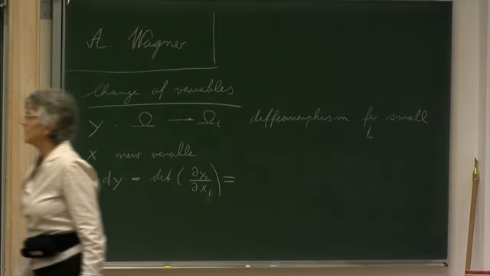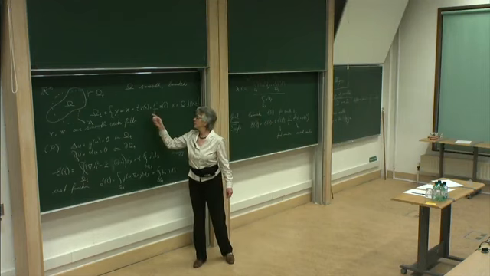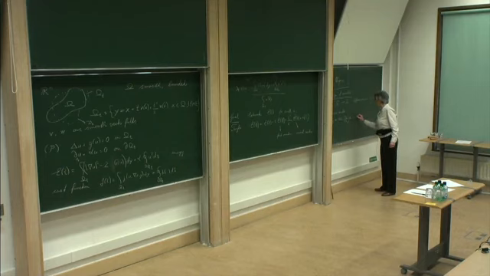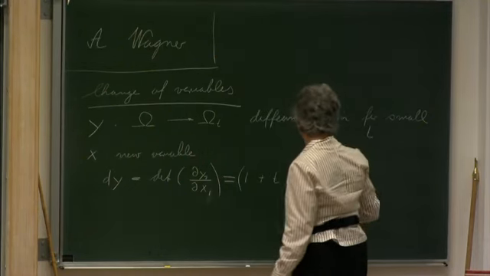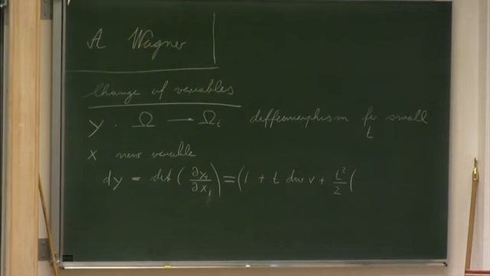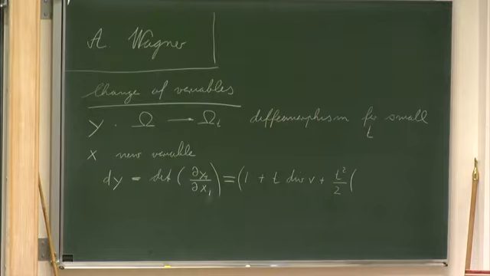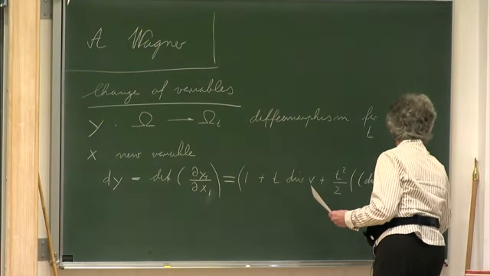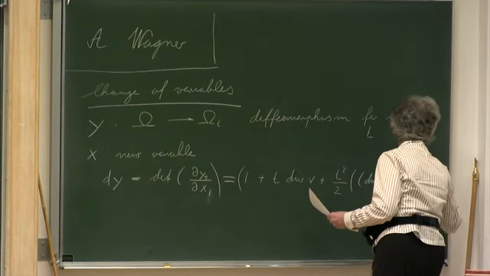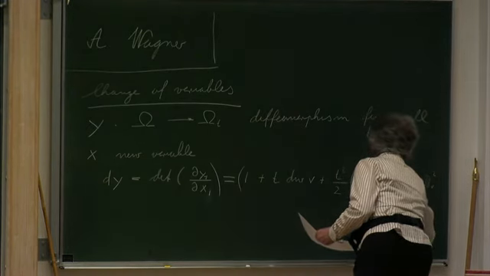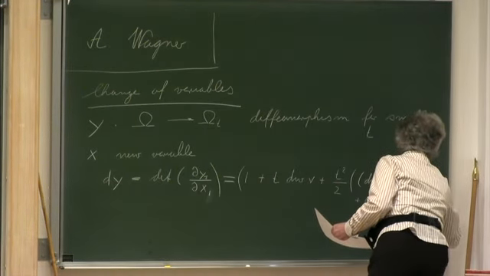If you develop it into a series for small t, then it is of the form, according to some formulas by Jacobi, 1 plus t times the divergence of v plus t squared times, maybe I write the next term, (divergence of v) squared minus the trace of the Jacobian of v squared, plus divergence of w, plus smaller order terms.